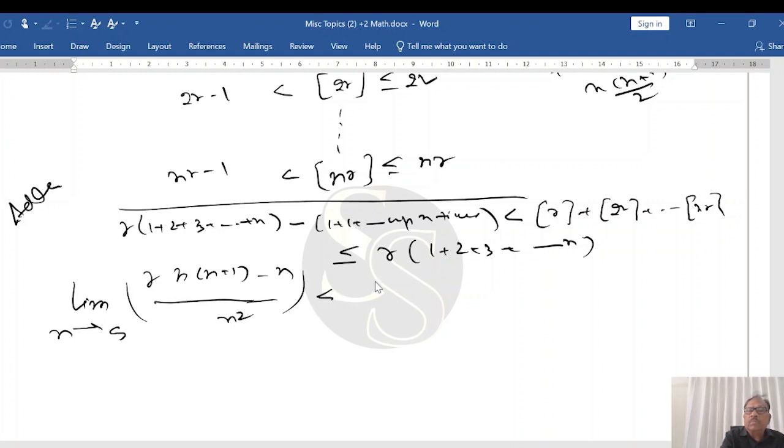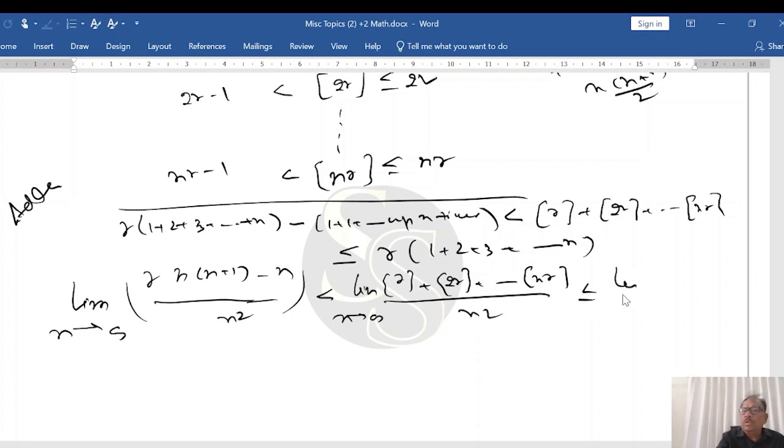This limit n tends to infinity of r plus 2r plus nr divided by n square is equal to limit n tends to infinity of r into n into n plus 1 divided by 2 into n square.